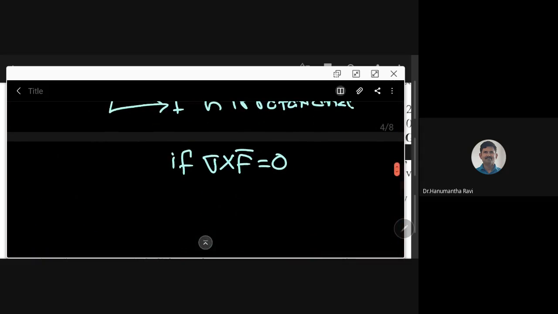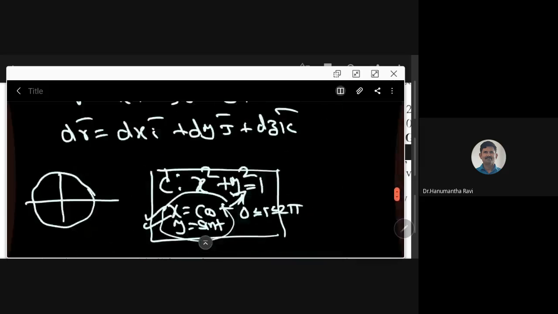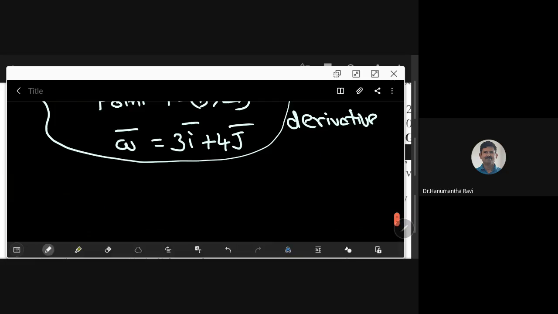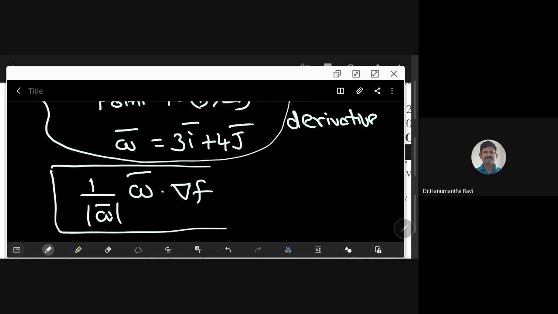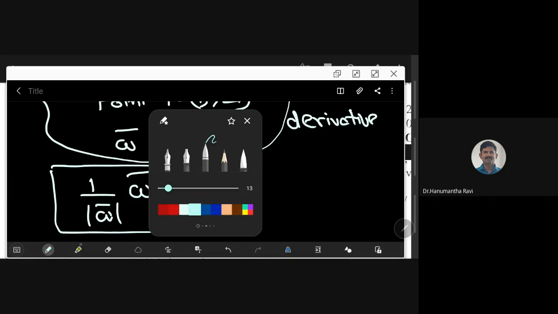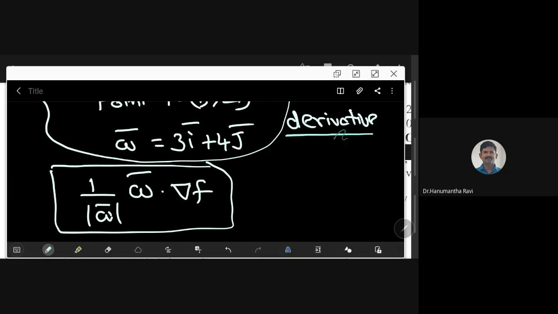So the formula is 1 by modulus of A bar, times A bar dot grad f. This is the directional derivative formula.